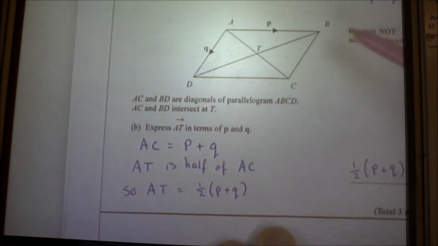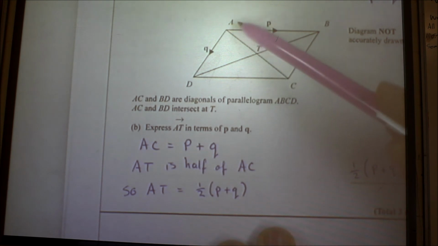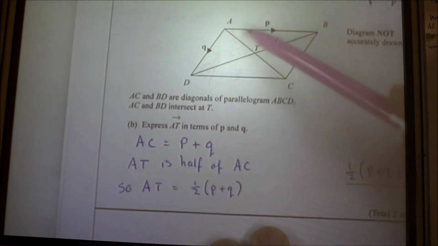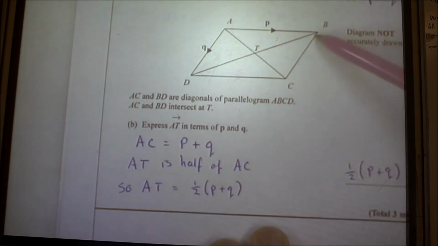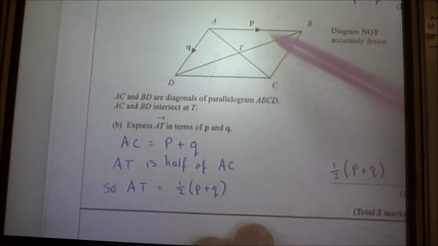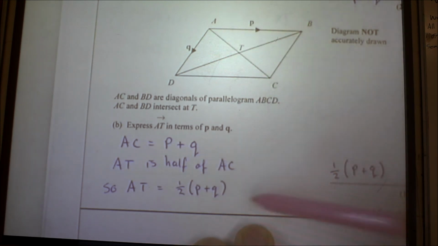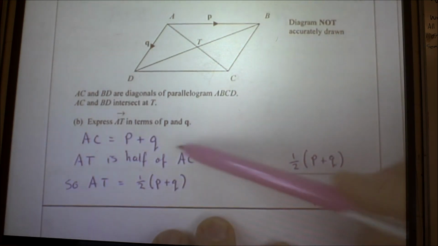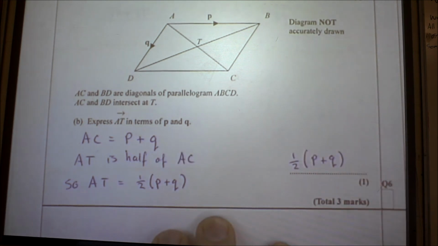Find AT. So AC, all the way across there, is P add Q, because Q is going downwards as well. AT is a half of it, so you want a half of that, which is that.